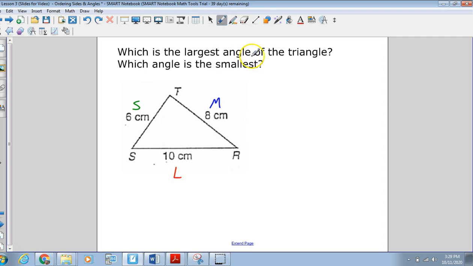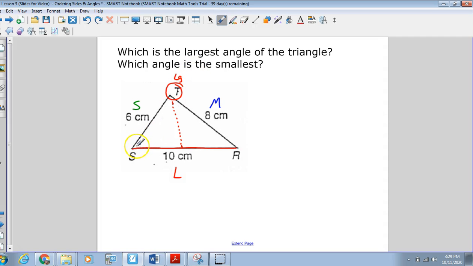And then if we want to know what is the largest angle of the triangle, the largest angle is across from the largest side. So if our largest side is right here, then across from it, over here, this angle T, this is our largest angle.